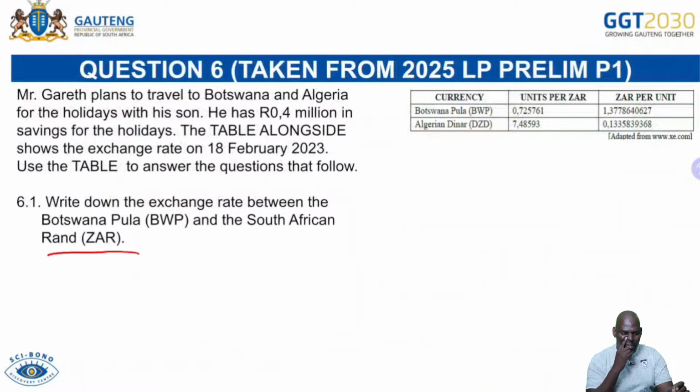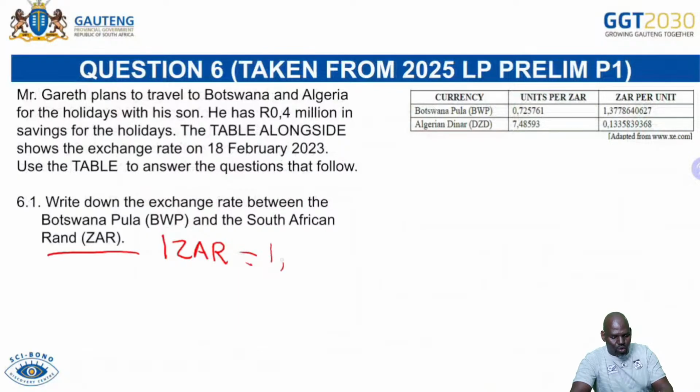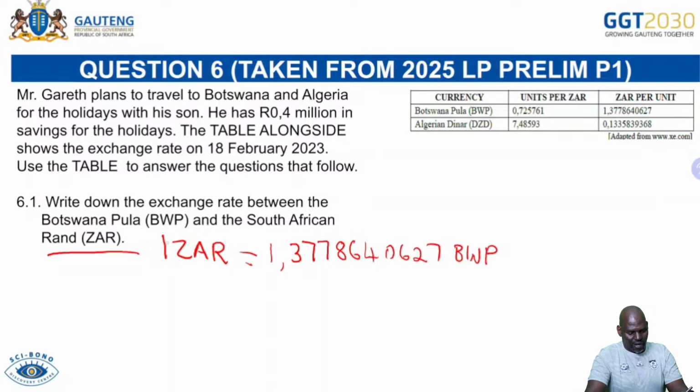Okay, so the exchange rate between Botswana and the South African rand, you can say 1 South African rand equals 1.377864 0627 of Botswana Pula, BWP.